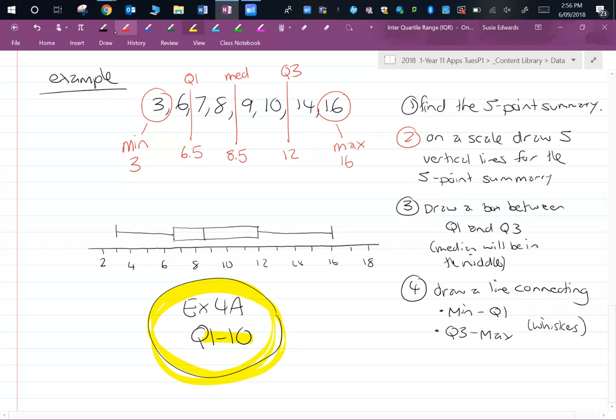So I'll let you do questions 1 to 6. Oh, it wants you to do them all. That's so weird. All right, questions 1 to 6, 8 and 10 at this point. Everyone understand? 1 to 6, 8, 10.